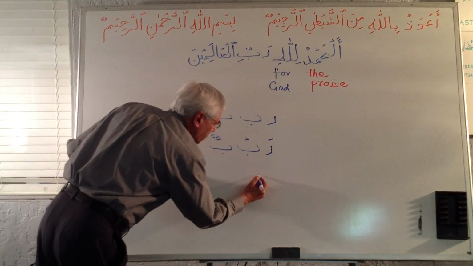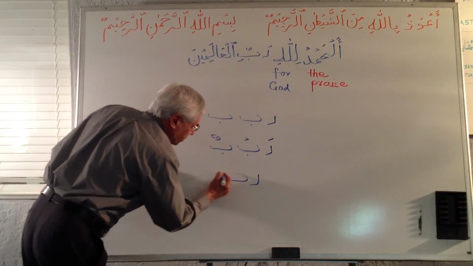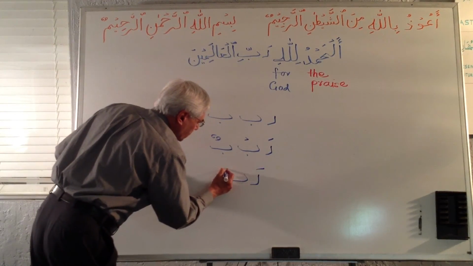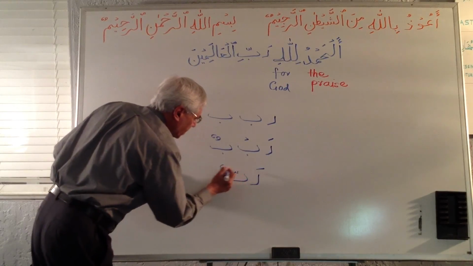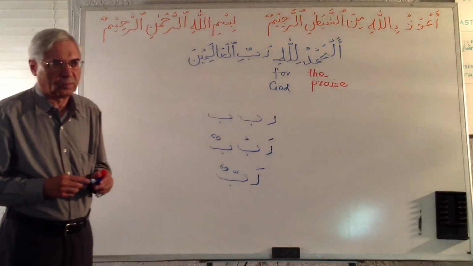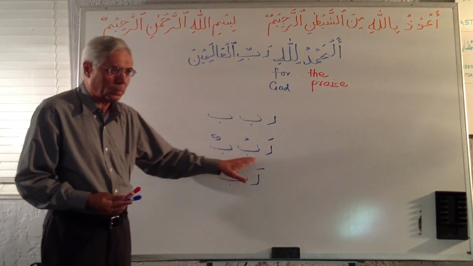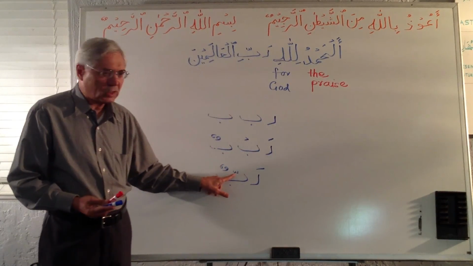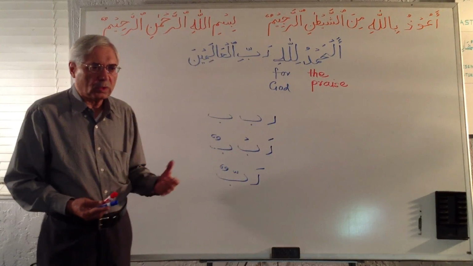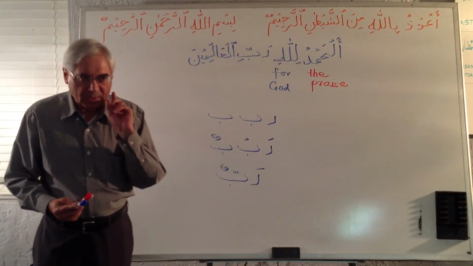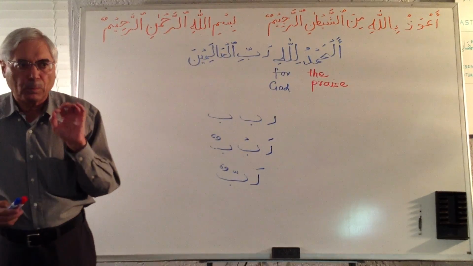You can write this as Rabbun with a shadda or tashdeed. Two bars can be written with a shadda. So the word is Rabbun.